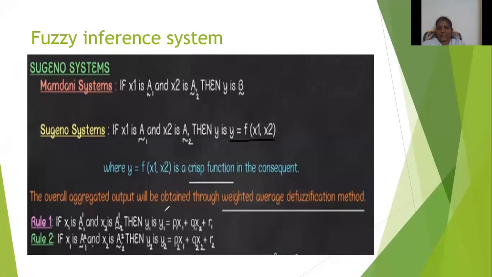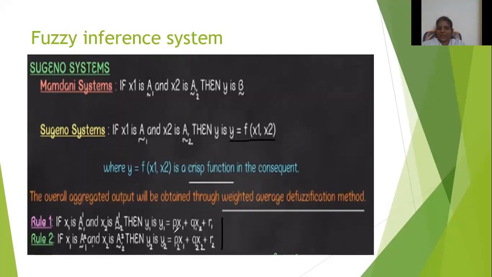So if you are considering the rules, 2 rules mentioned, for example, here 2 rules are mentioned. If x1 is a11 and x2 is a21, then y1 is equal to p1x1 plus q1x2 plus r1. Similarly, the other rule.